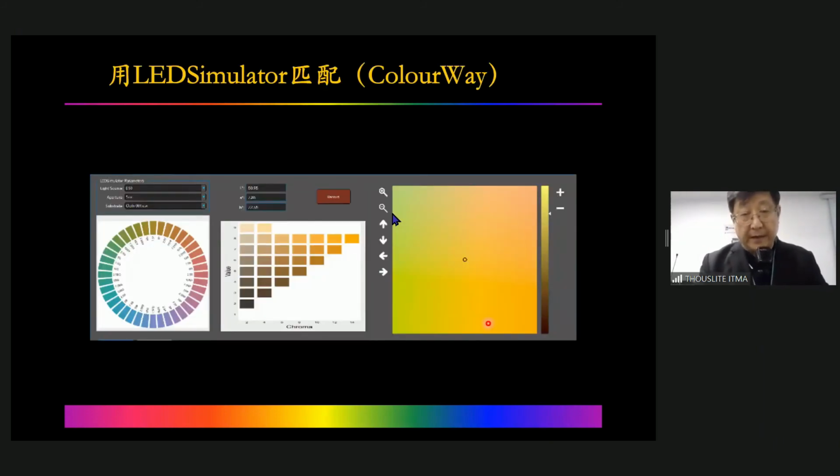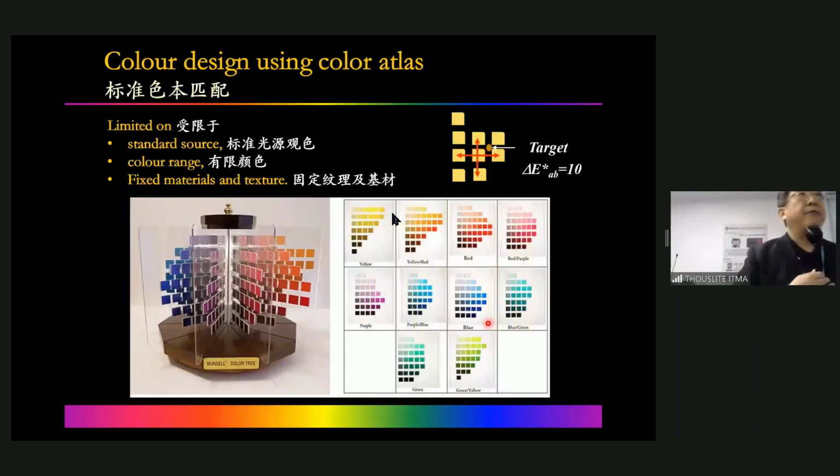Typically, we apply color books, such as Munsell, Colourists, Pantone. But we have some limitations there. One is that you should always look at the samples in a standard light source.